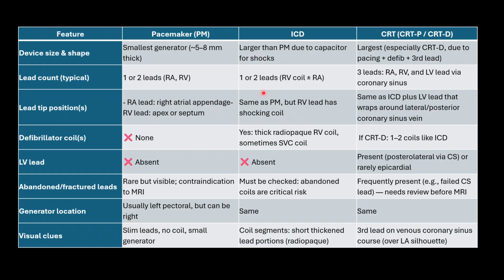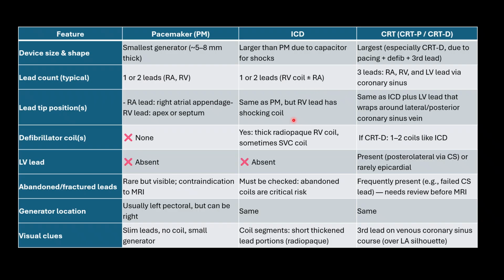From this generator, we will also have one lead or two leads, but the lead in the RV will have a coil thickening in the lower part of the right ventricular lead, plus or minus one in the right atrium.